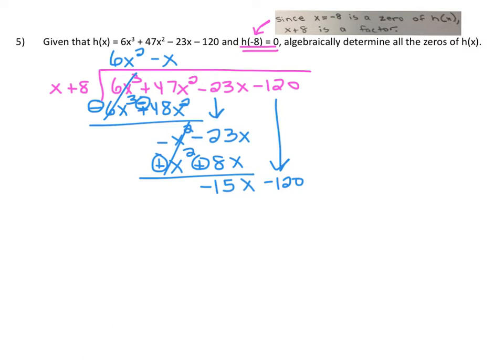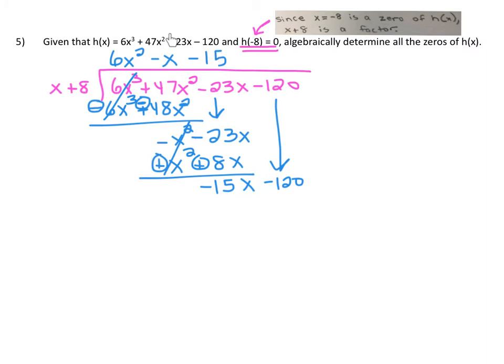Then we're on our last step. We ask, what do I multiply x by to give me negative 15x? So negative 15. When we distribute this, we should not wind up with a remainder, because if x plus 8 is a factor, it divides evenly into the expression. If there is a remainder, it means we have to go back and find our mistake.